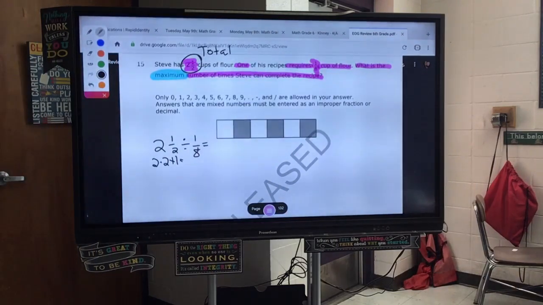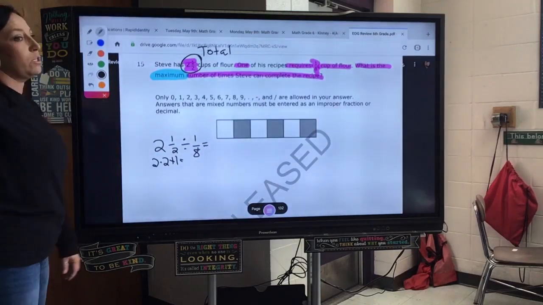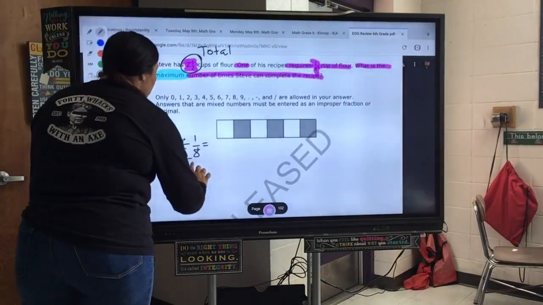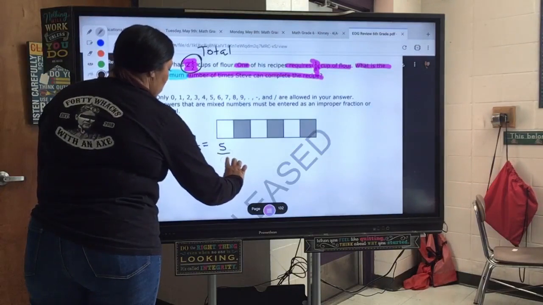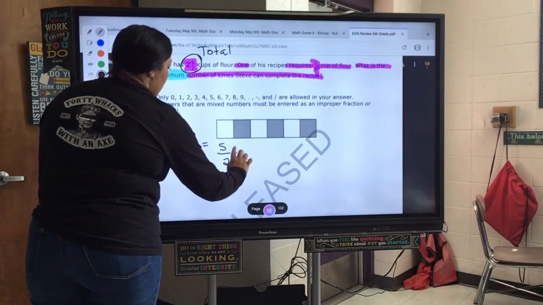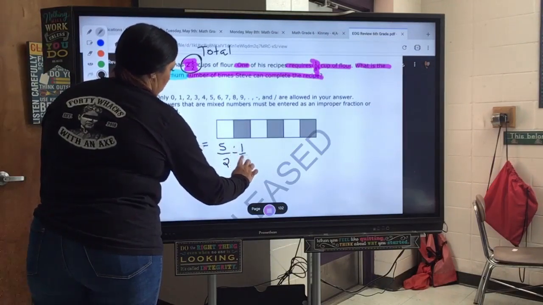Is there anybody who's like, I don't know where you're getting the 2 and the 2 and the 1? Everybody knows. I just want to make sure. All right, so 2 times 2 is what? 4 plus 1? 5. So this becomes 5 halves. So 5 halves divided by 1/8.